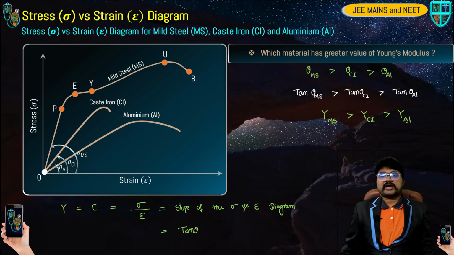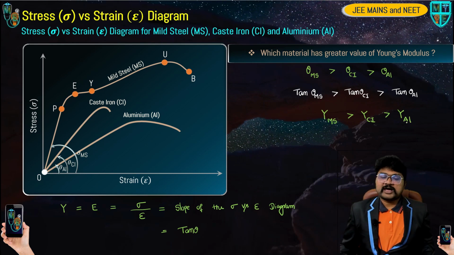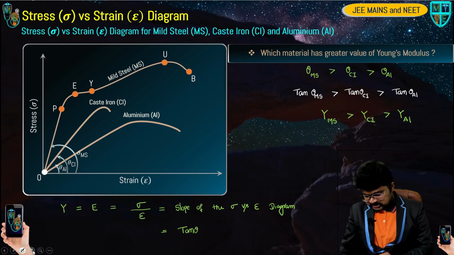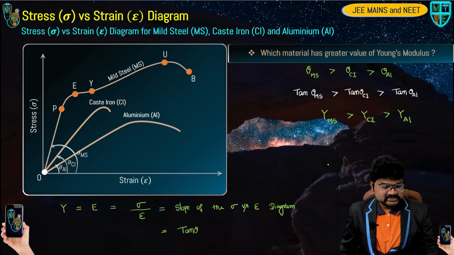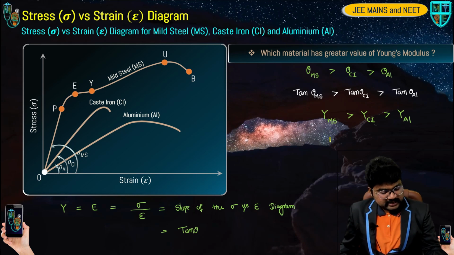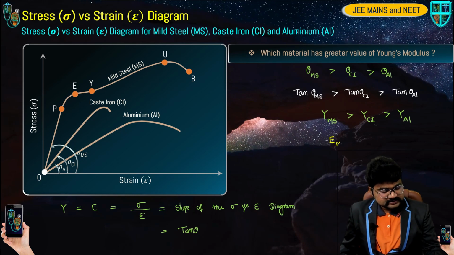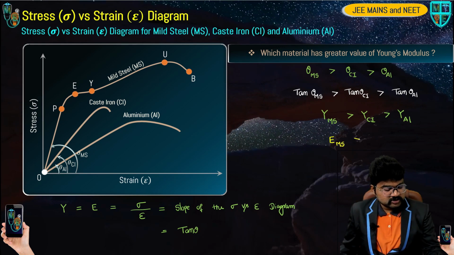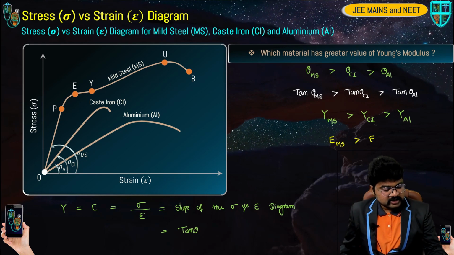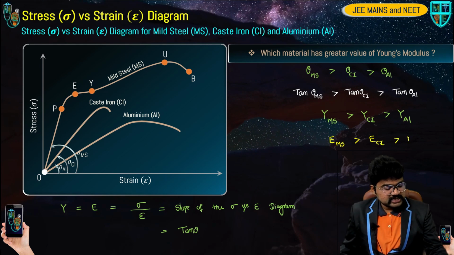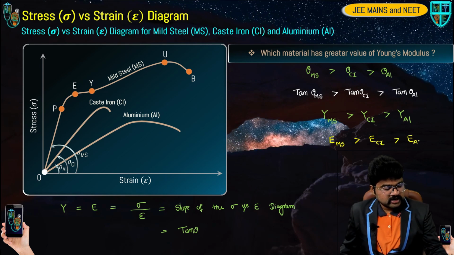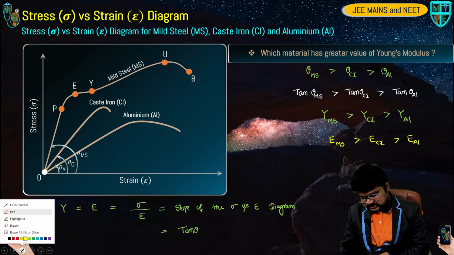Higher the Young's modulus, higher will be the elastic behavior. You can write Young's modulus as E also: this would be Young's modulus of the cast iron, or else Young's modulus of aluminium. Understood?